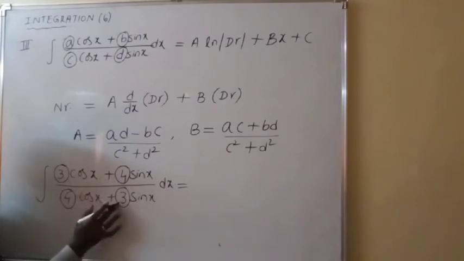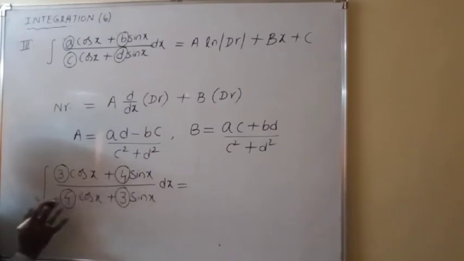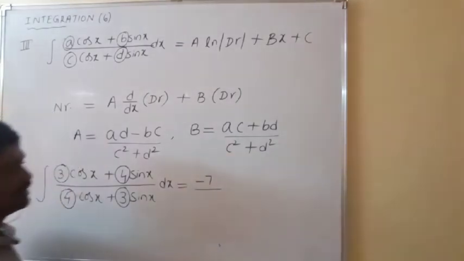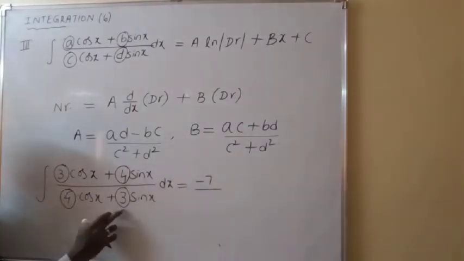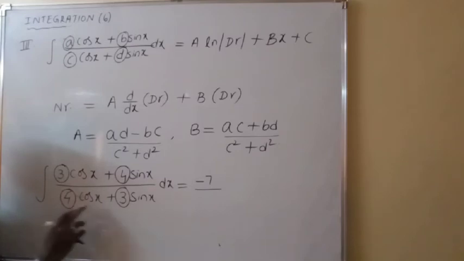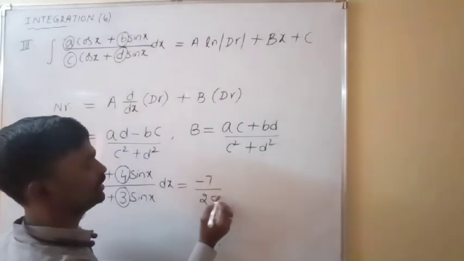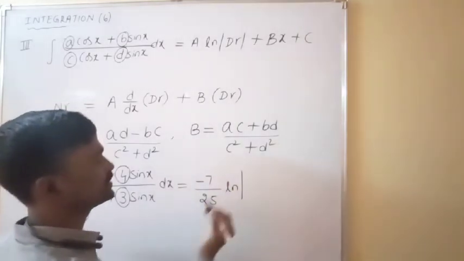So 3 into 3 is 9, minus 4 into 4 is 16. So 9 minus 16 gives minus 7, divided by C square plus D square, that is 4 square is 16, 3 square is 9, 16 plus 9 is 25, into ln of modulus of the denominator.